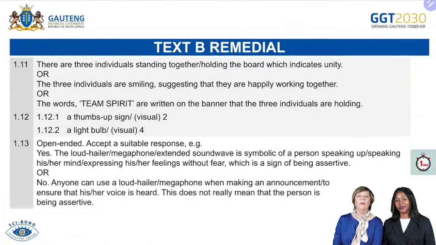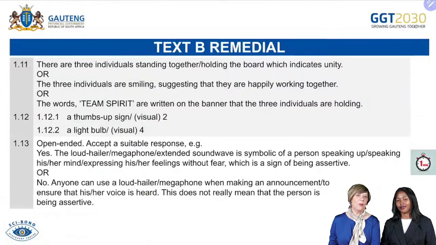Right, so 1.1.1, or 1.11, thank you. You'll see we've given you 3 options here. So I need you to have your red pen in your hand and just quickly check which one you got right. Now remember, when you're answering this text and when you're referring to a visual, always pretend the person marking can't see what you see.